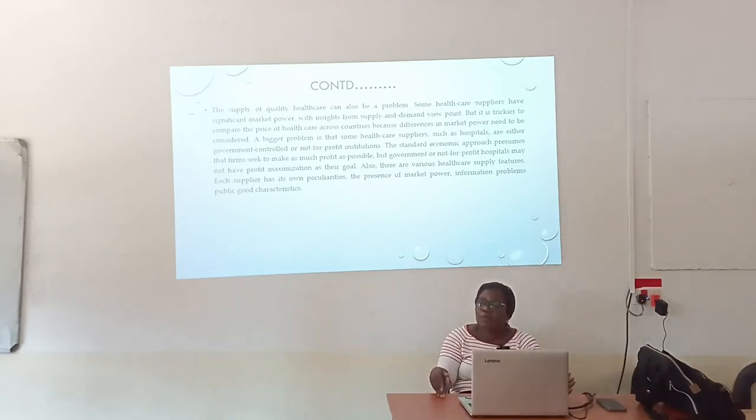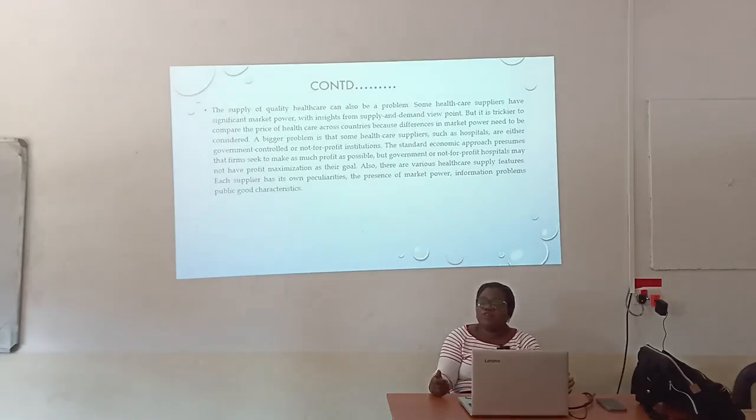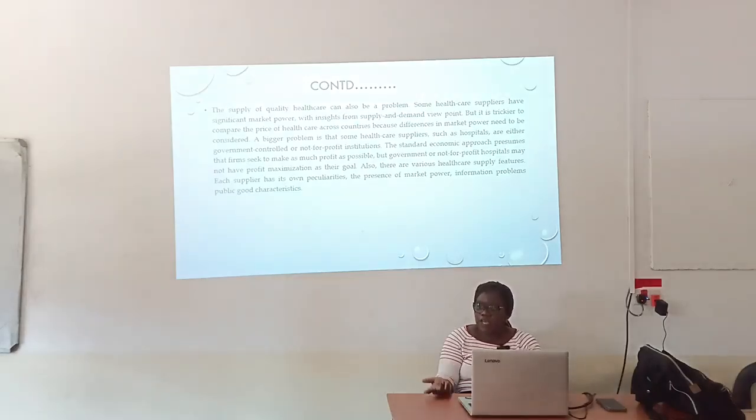It is difficult to compare because countries generally have different policies, and they have different systems in acquiring healthcare services, and maybe wages of their employees and so on. So it's very difficult to compare that, and the differences in market power need to be considered. So you are looking at the differences in market power between countries as well, right?